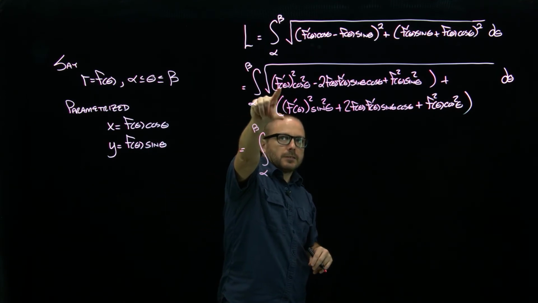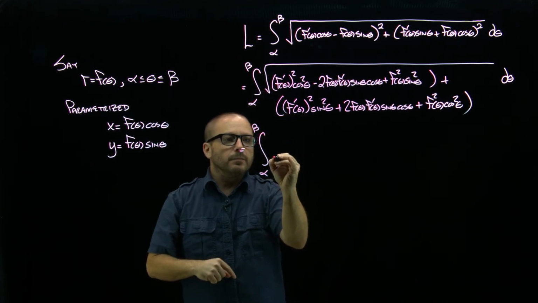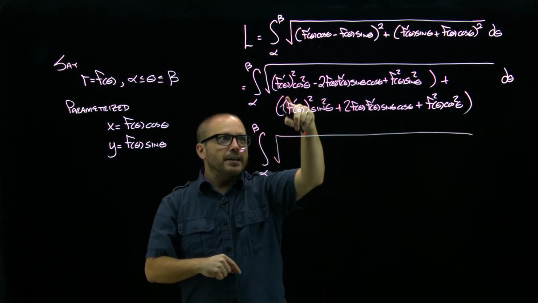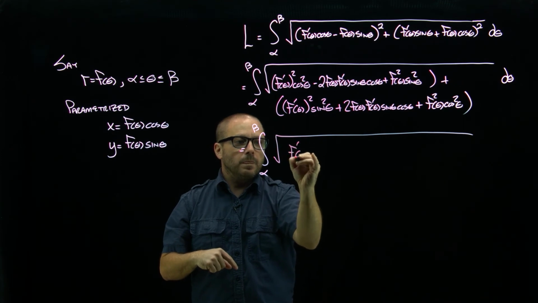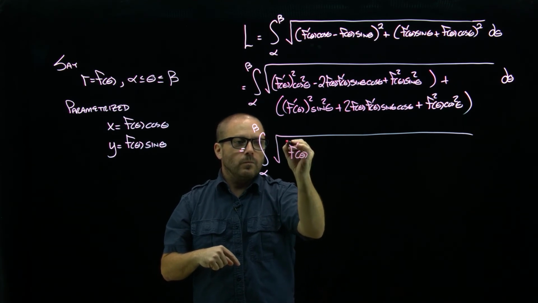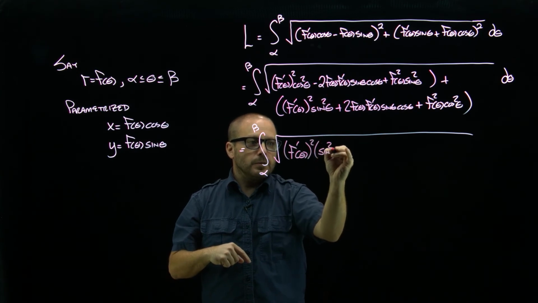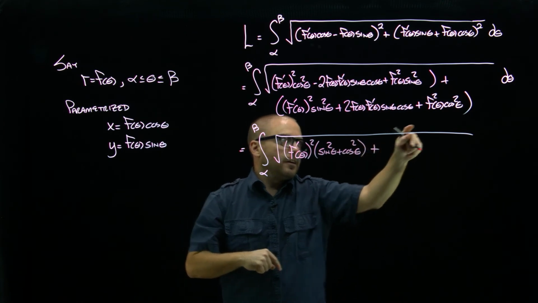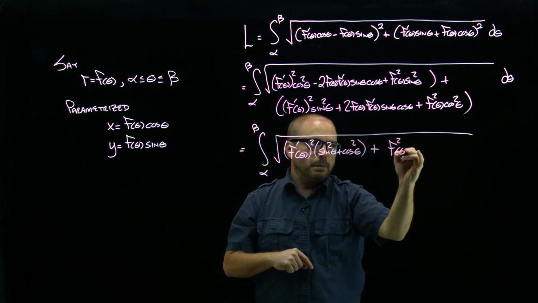But look at this. These both have an f prime squared in them, right? I'll do this in 2 steps, but we're going to take advantage of an identity. I could factor out that f prime squared. And it's being multiplied by sine squared plus cosine squared. Here, these both have an f squared in them.